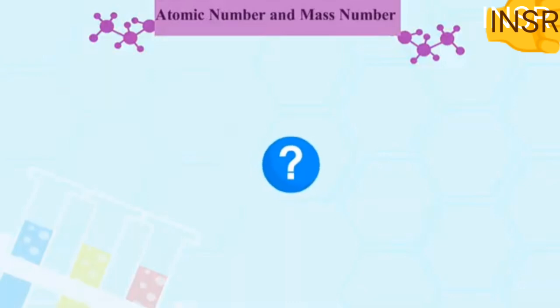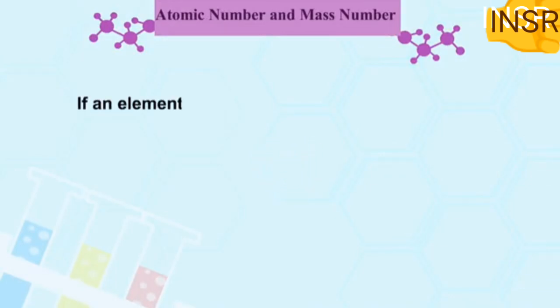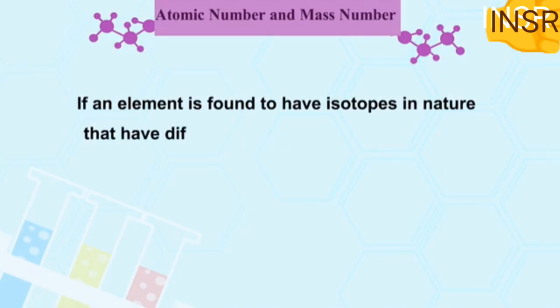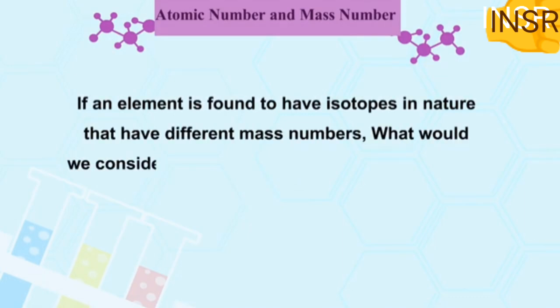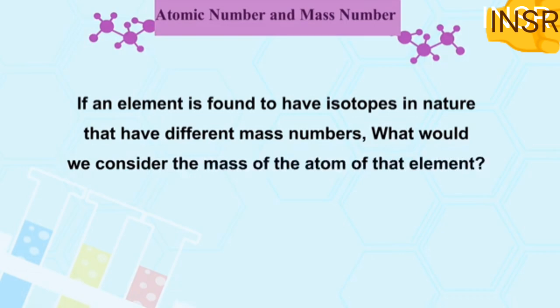But now you might be thinking that if an element is found to have isotopes in nature that have different mass numbers, what would we consider the mass of the atom of that element? Let's find it out.